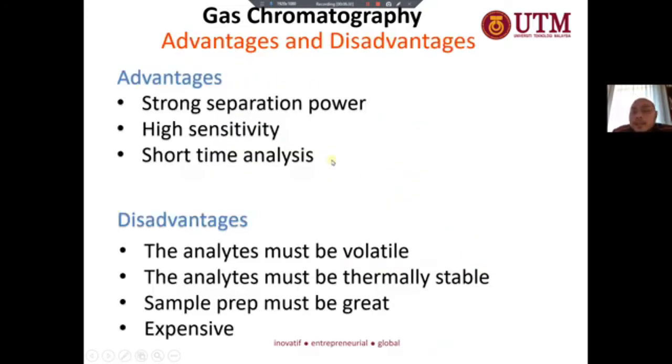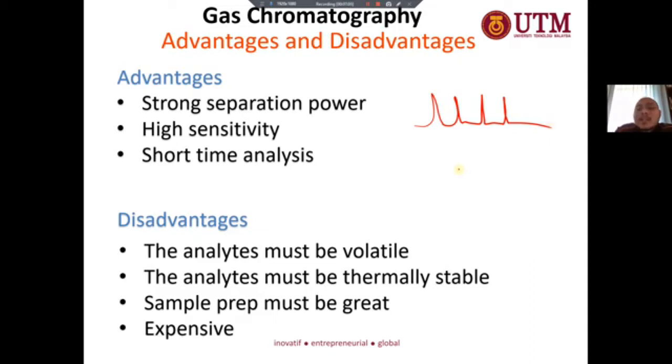For gas chromatography, here are the advantages and disadvantages. Strong separation power, high sensitivity. Strong separation power means it can provide better separation of multiple analytes, even much better compared to the HPLC. Later on, we will learn about the HPLC. Also, gas chromatography can provide high sensitivity.